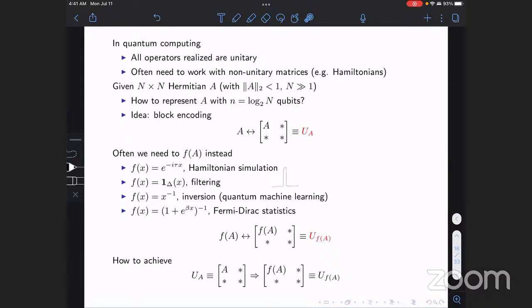Now, for any of these operators, the key thing that we care about is in fact f(A), and by using this method of block encoding, f(A) itself can be embedded into a unitary matrix, which is a few times larger. So from a computational point of view, given an A, if you want to work with f(A), the task we need to do is start from a block encoding of the matrix A, and get a block encoding of this matrix f(A).